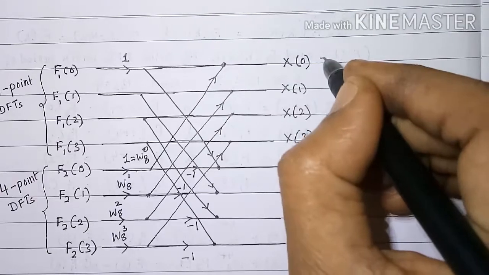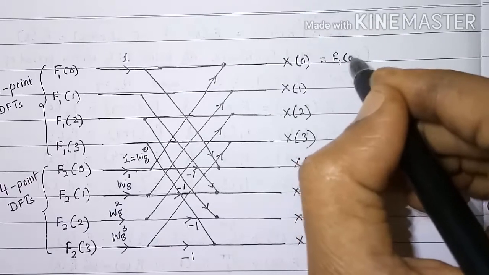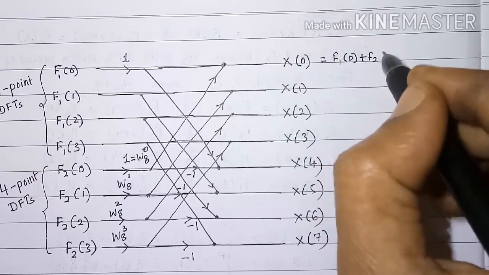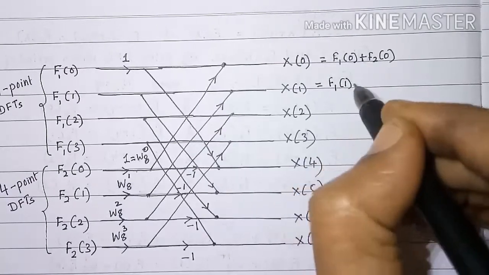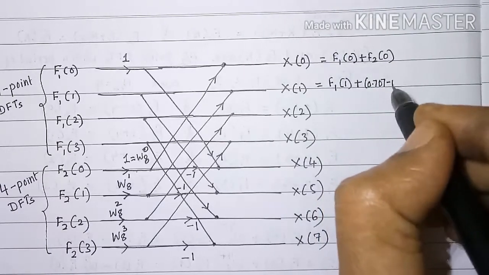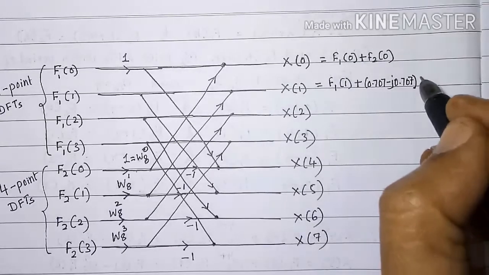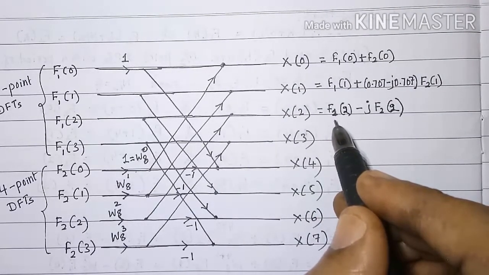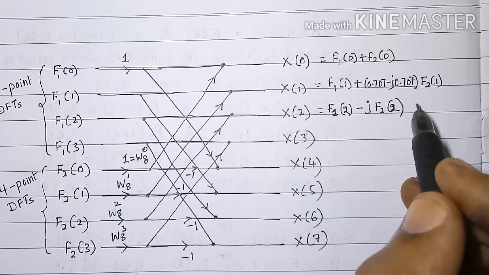So what we are having here? We are having here f1 of 0 plus f2 of 0. Here we are having f1 of 1 plus 0.707 minus j 0.707 f2 of 1. X of 2 is equal to f1 of 2 minus j f2 of 2.